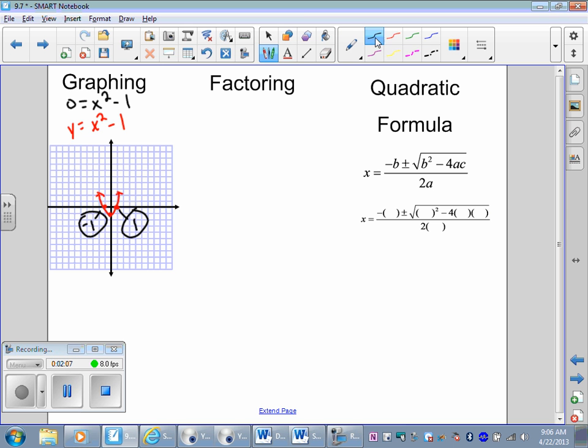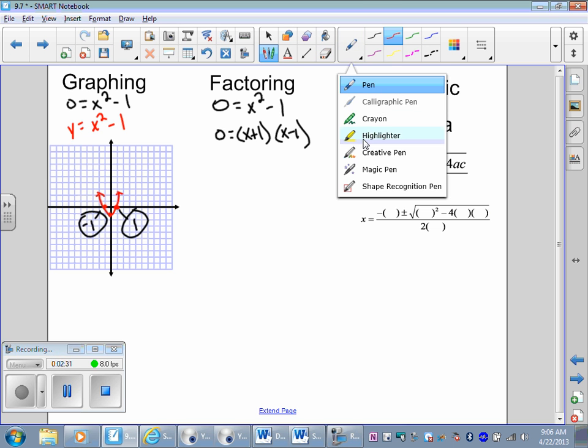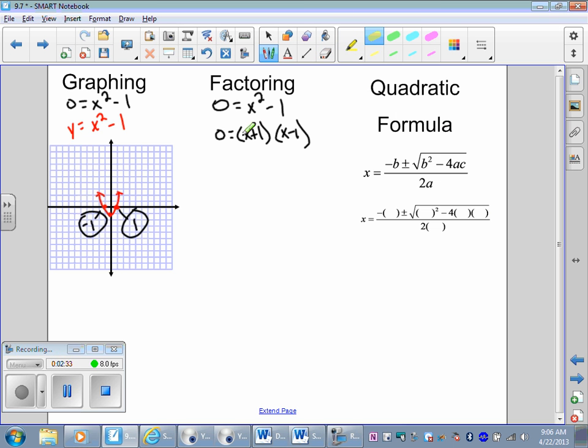Now, factoring. We could take the exact same equation here and factor it. How would we solve that by factoring? Well, the first thing we want to make sure is that we set it equal to 0. And then you want to factor the quadratic expression, which in this case would be x plus 1 and x minus 1. And then we would write our mini equations, which is based on the zero product rule, which allows us to solve these equations.